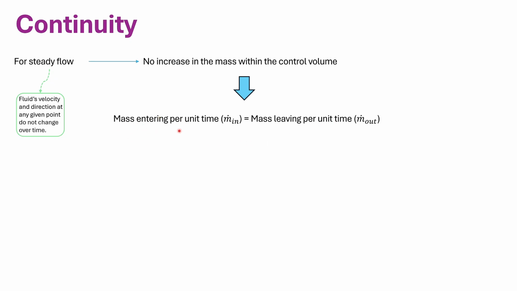And mass entering and mass leaving per unit time can be shown using m dot. So for the mass entering per unit time, we can use m dot in, and for mass leaving per unit time, we can use m dot out. And m dot basically is the mass flow rate.